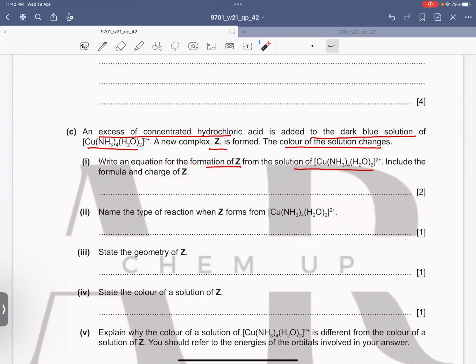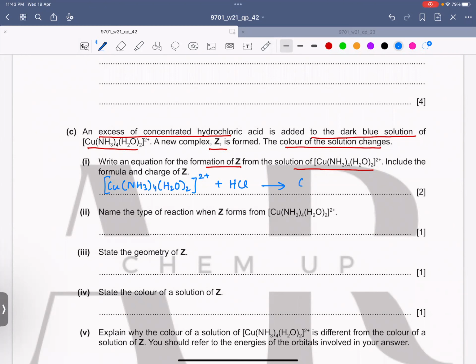Okay, so let me remind you that when we add concentrated hydrochloric acid, the chlorine would substitute all the ammonia and water molecules, and we have a new complex with coordination number 4.